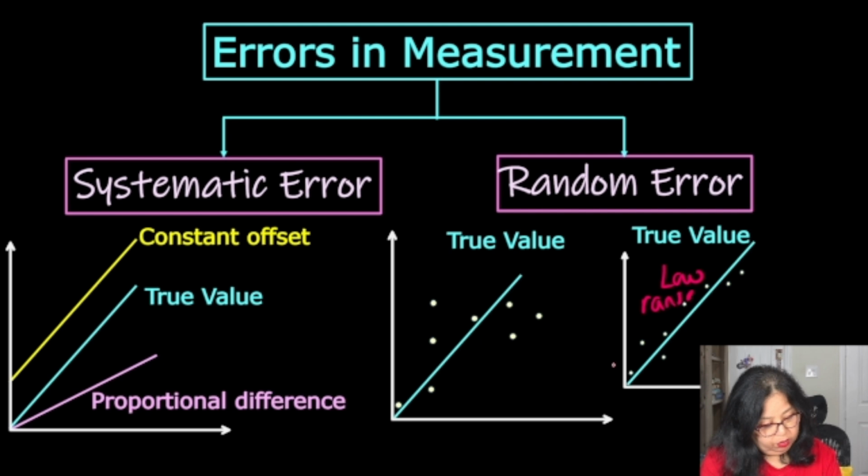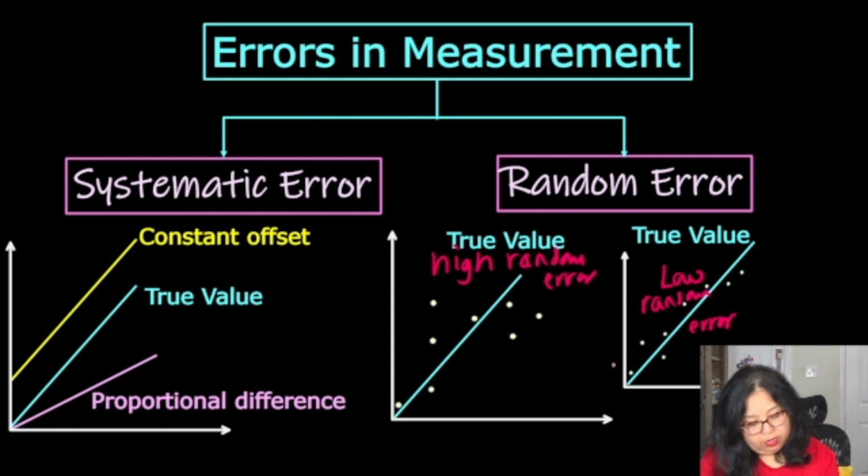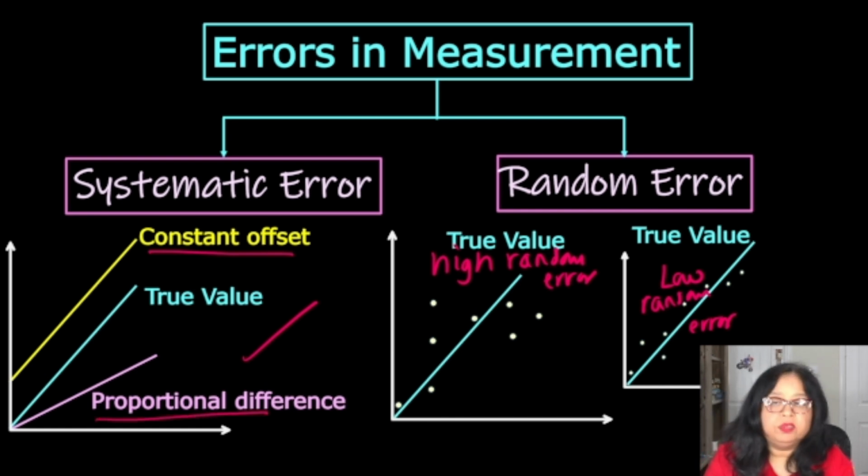Low random error, high random error. And in the first diagram, we have systematic error owing to this constant offset or proportional offset. I hope that these visual representations make it easier to grasp the difference between systematic error and random error.